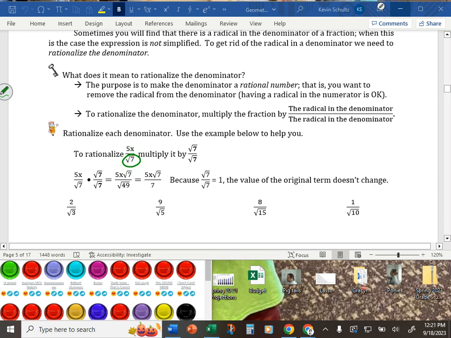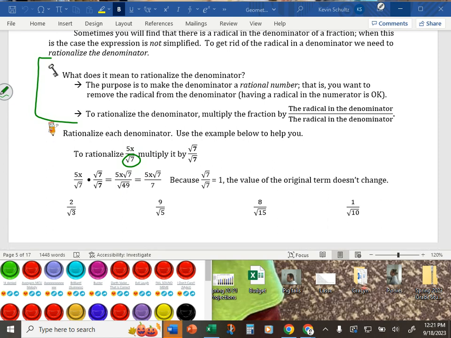And so the steps to do it here, here is a key point. Ken, you want to help sheet? But like I said, the purpose is to make the denominator a rational number. And what you do is you multiply the fraction by the radical you want to remove over itself.